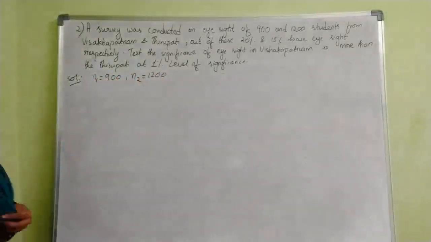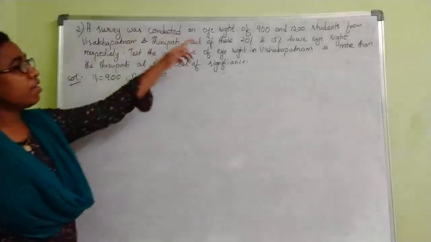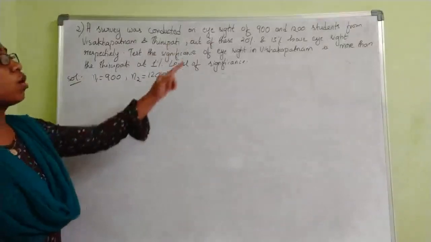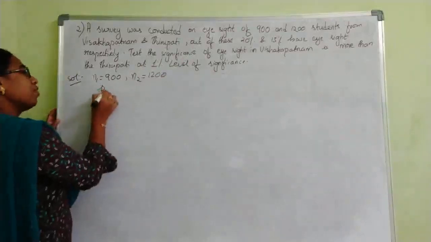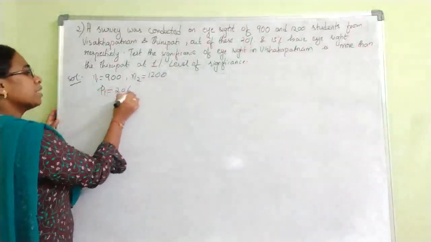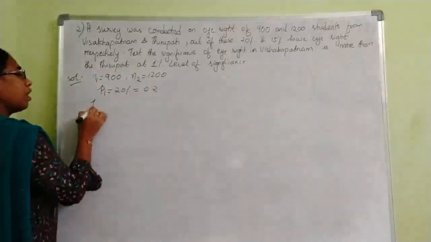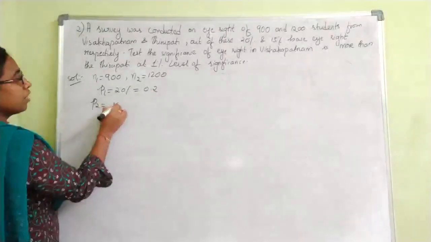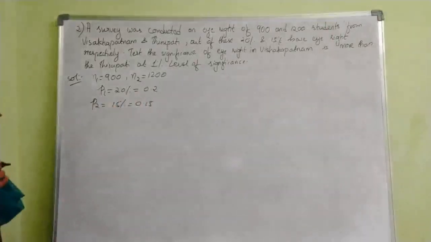Coming to X1 and X2, before that, if you observe here, the proportions are already given, that is 20% and 15%. That means P1 value equals 20%, which is 0.2. Similarly, P2 value equals 15%, which is 0.15. So your P1 and P2 are already given.